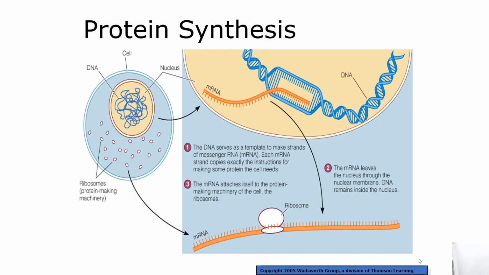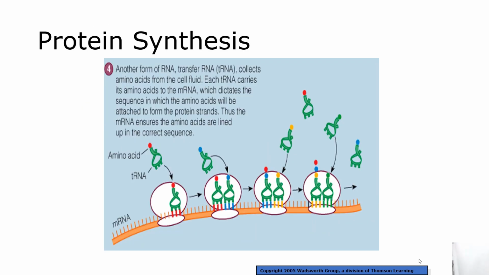The DNA serves as the template to make strands of mRNA. Each mRNA strand copies exactly the instructions for making some protein the cell needs. The mRNA leaves the nucleus through the nuclear membrane. DNA remains inside the nucleus. And the mRNA attaches itself to the protein-making machinery of the cell, the ribosomes.